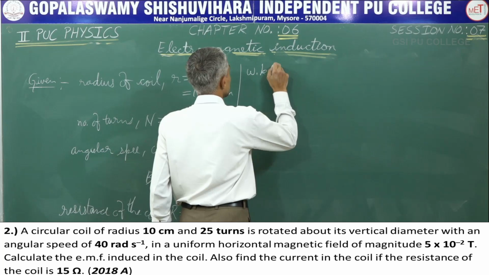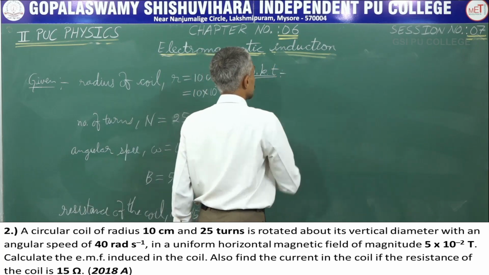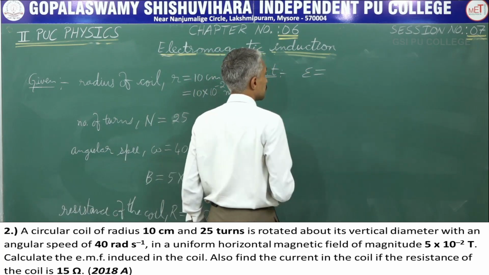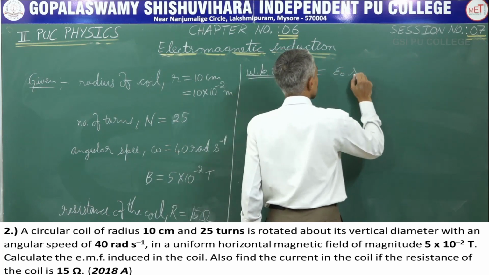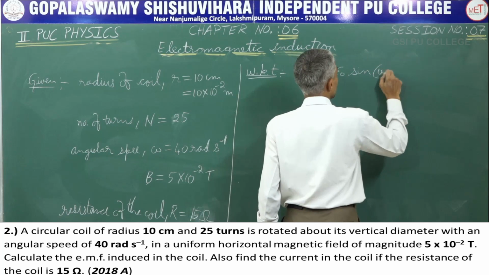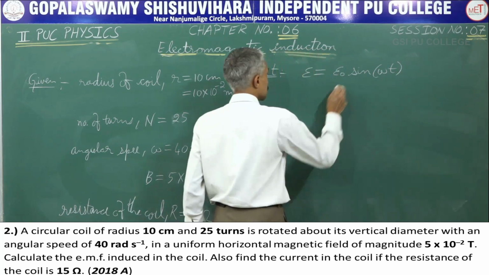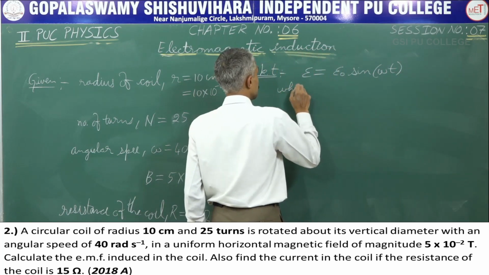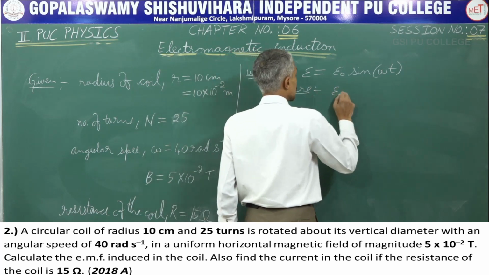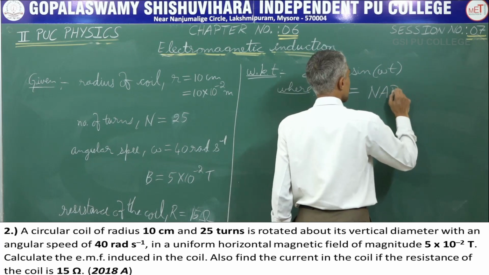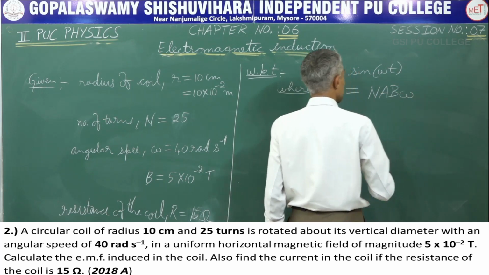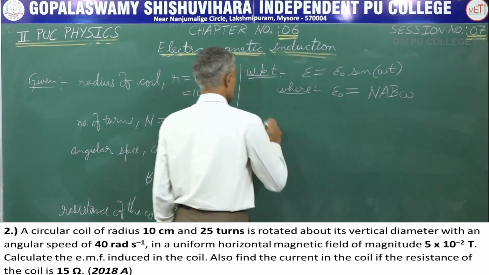Now let us find the EMF induced. So we know that the EMF induced is given by epsilon naught into sine omega t, where epsilon naught is n A B into omega. Let us find the area of the coil.